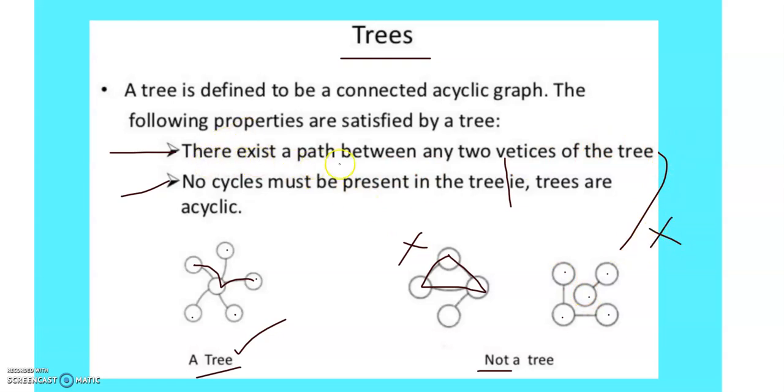There exists a path between any two vertices of the tree. This is actually disconnected. This is not connected. These three vertices and these two vertices are separated. It's not connected. So this is not a tree because the first condition is false here.